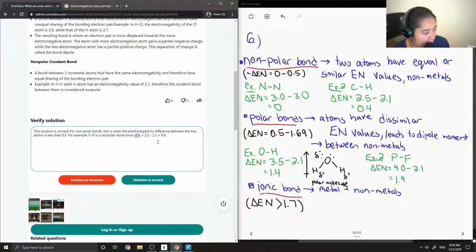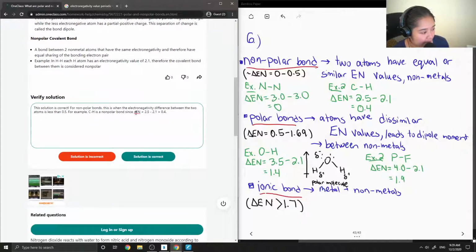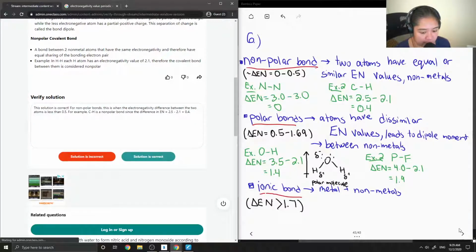They just need to have an electronegativity difference less than 0.5. But the solution is still correct.